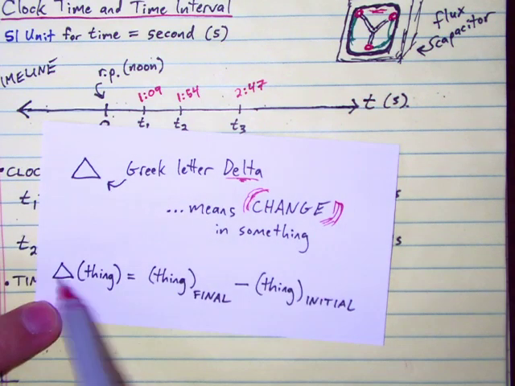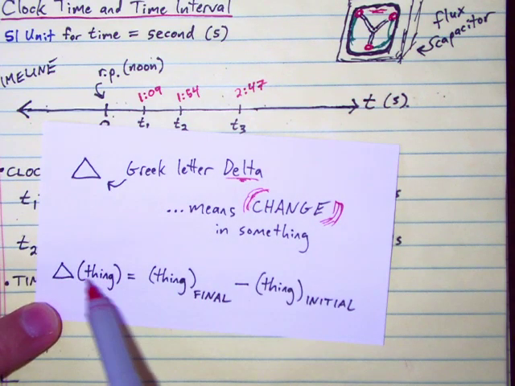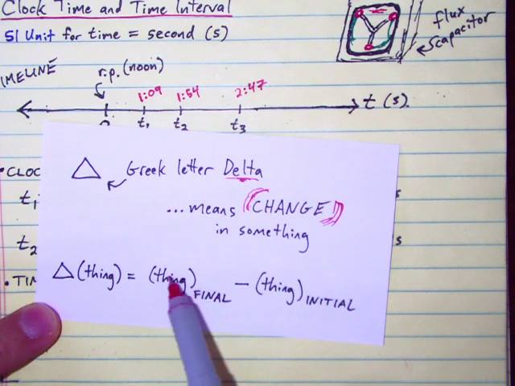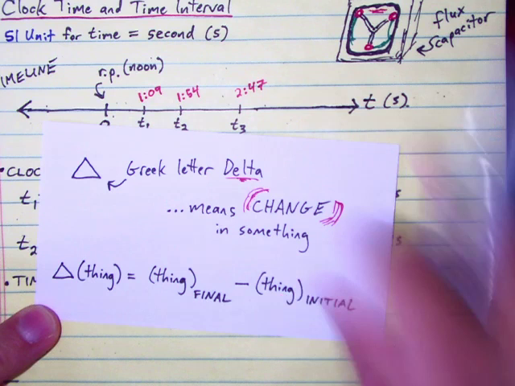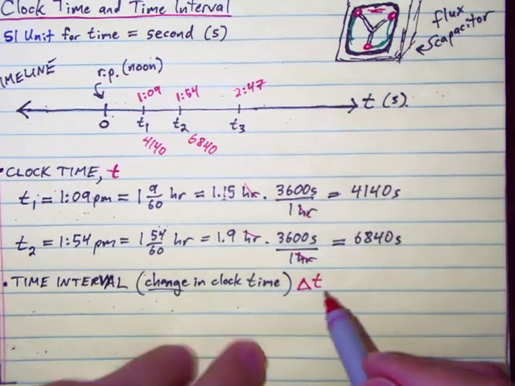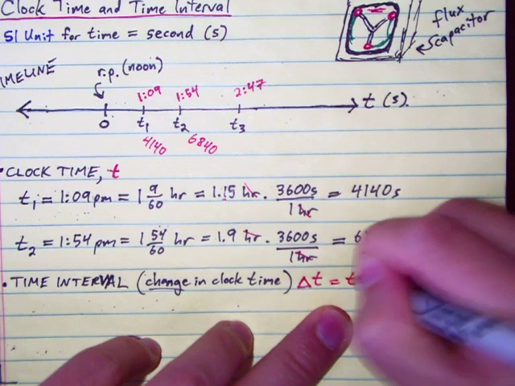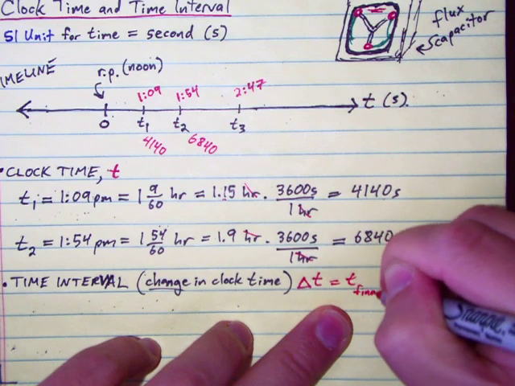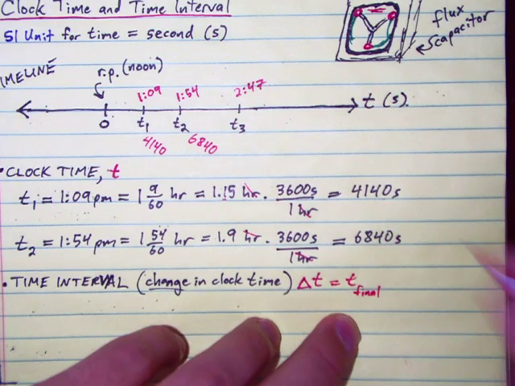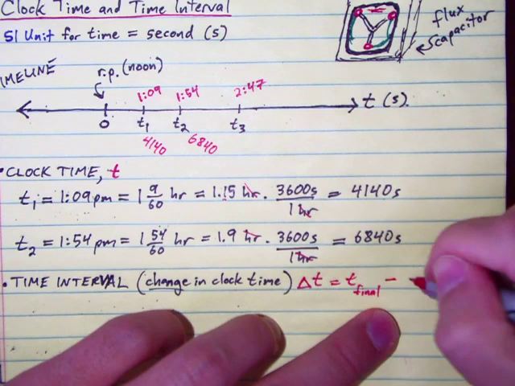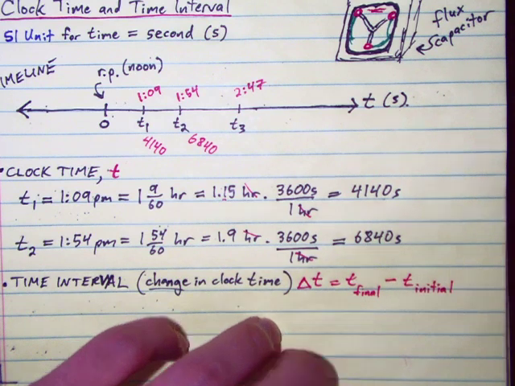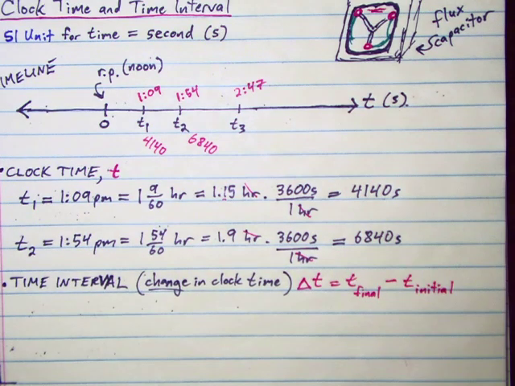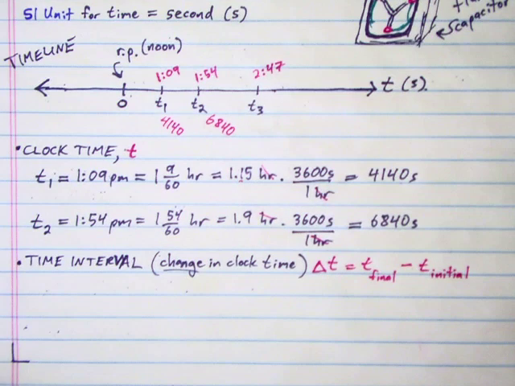So if I have delta of something, what that means is the final value of that thing minus the initial value of that thing. So delta T means the final value of the clock time, or the value of the clock time at the final event, minus the initial value of the clock time. The difference between the time on the clock between those two events.